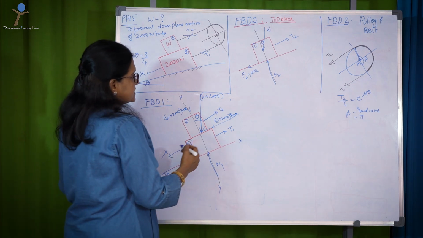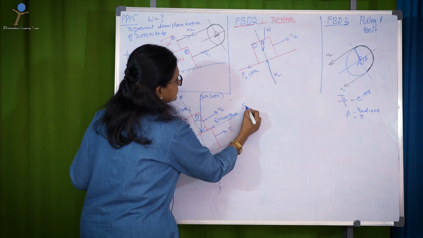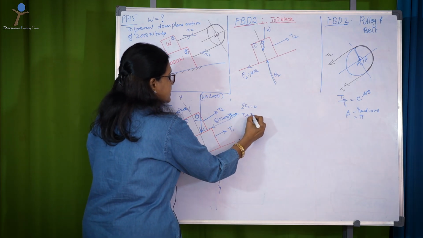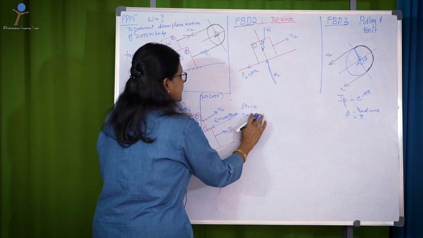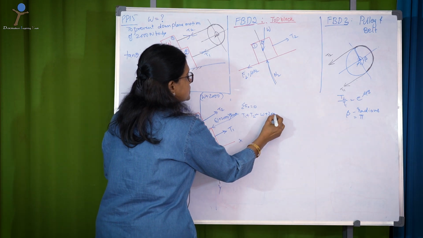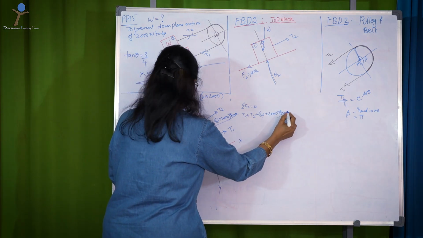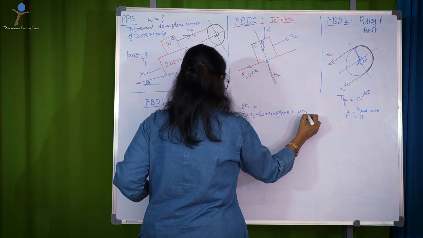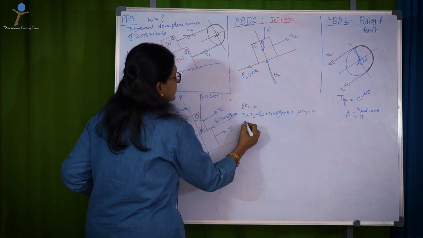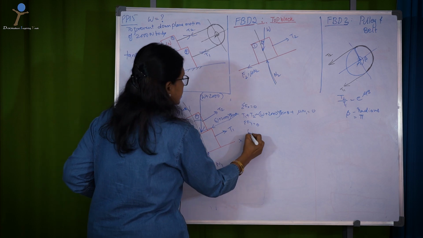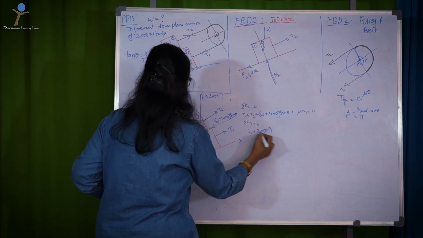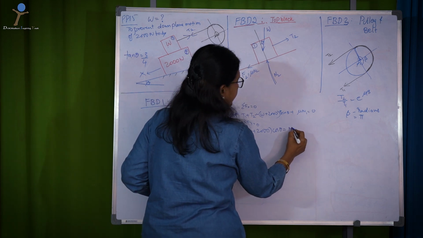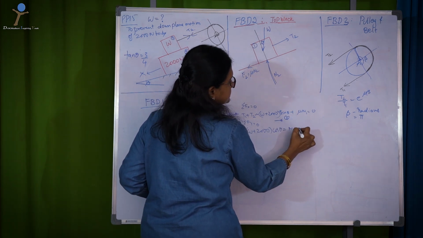So sigma Fx becomes: on the positive side T1 plus T2, minus W plus 2000 sin theta, plus mu N1 equal to 0. Sigma Fy equal to 0 gives W plus 2000 cos theta equal to N1. So you have two equations.